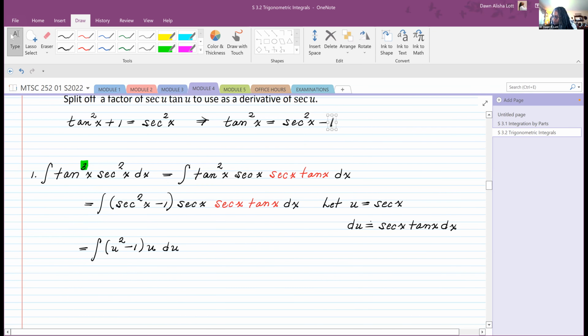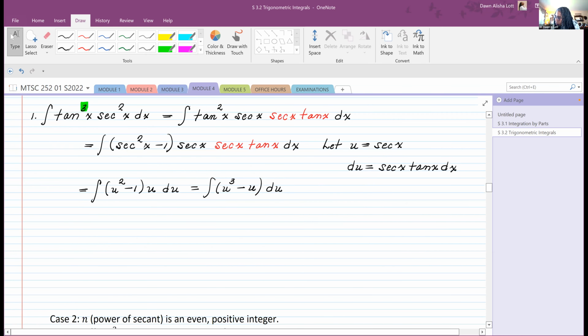All right, so now this is the integral of u cubed minus u du. So we can integrate that. That is 1/4 u to the 4th minus 1/2 u squared plus a constant.